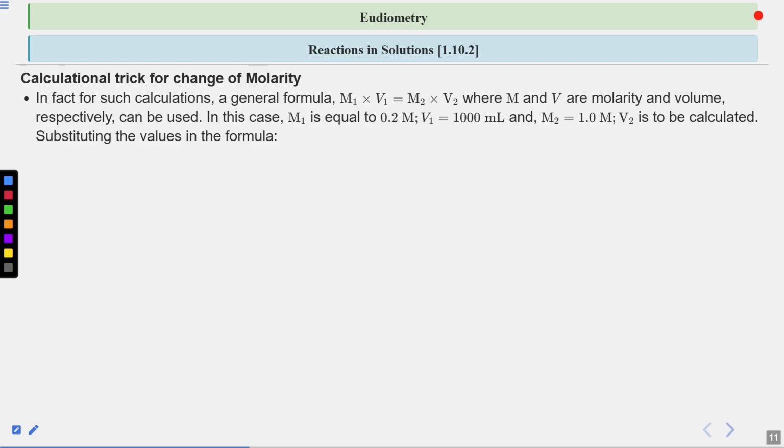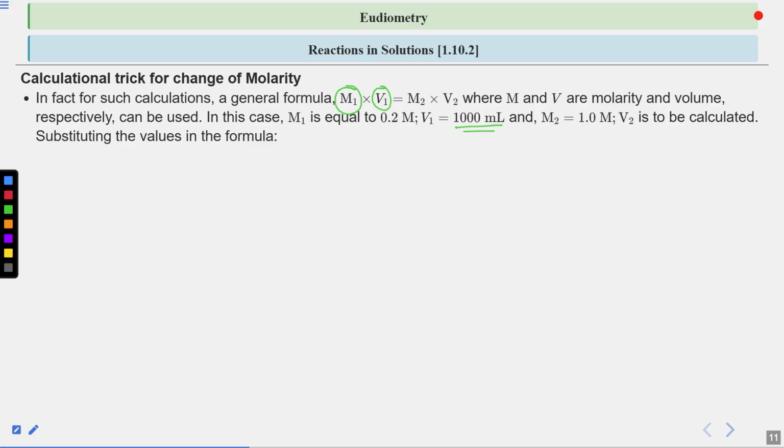Suppose we have initial molarity as 1. So listen very carefully. It's very important. You will use this formula everywhere. So suppose you have the initial molarity as 1 molar, and initial volume, which is 1000 ml or 1 liter.